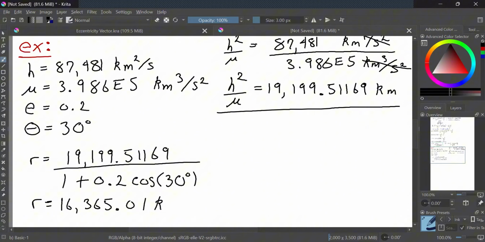That gives 16,365.01 kilometers. Well, wouldn't you know it, that's the radius that we've been playing around with this whole series. It's almost as if I did this intentionally.